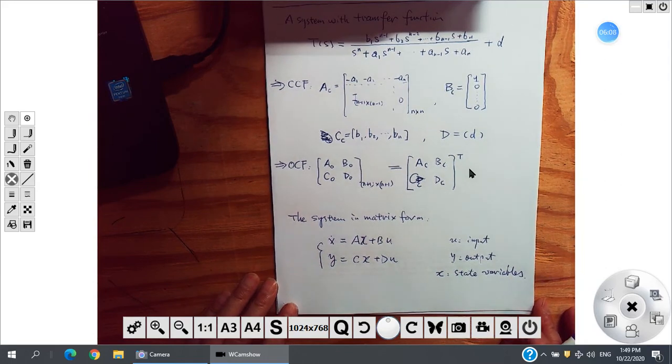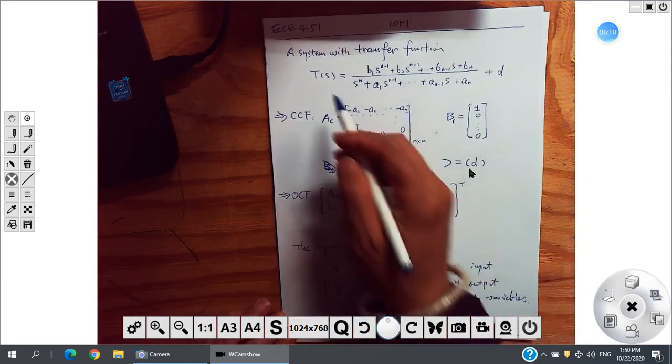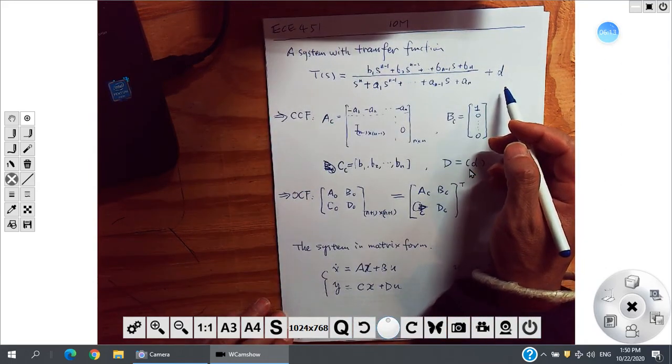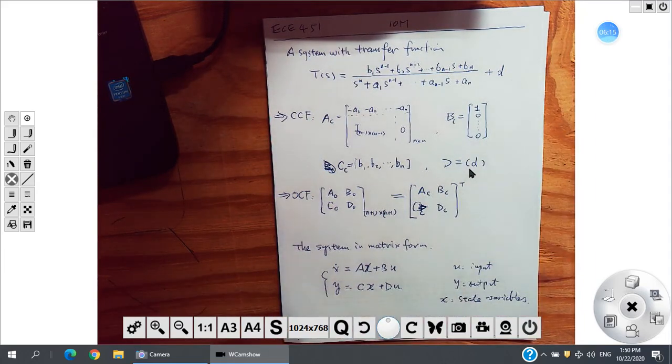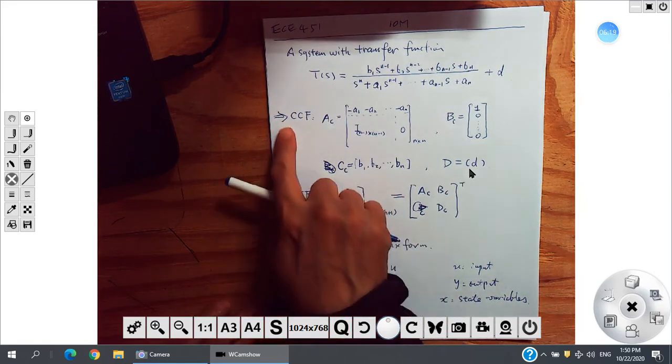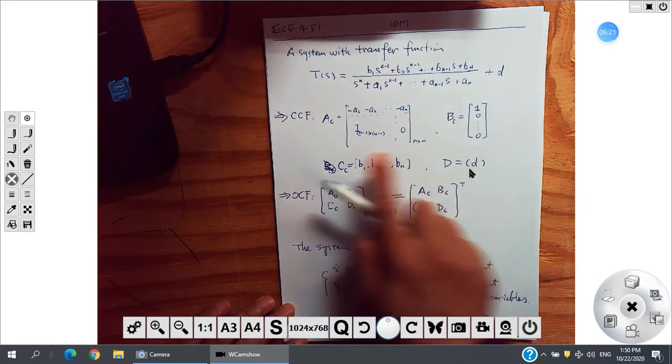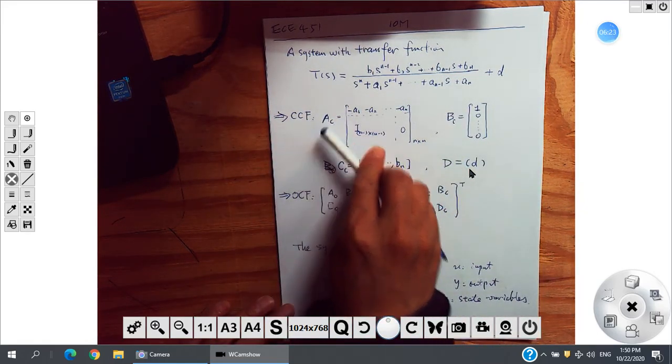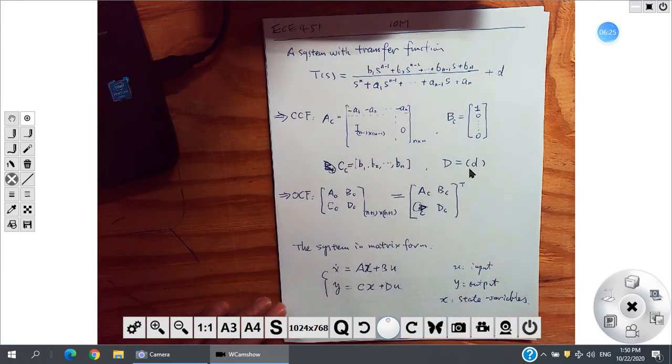So we have this. Alright, so when you know the transfer function, or similarly the differential equation of a system, you can write the system in matrix form in the CCF or OCF. You can have this one. Alright, and we have another one.